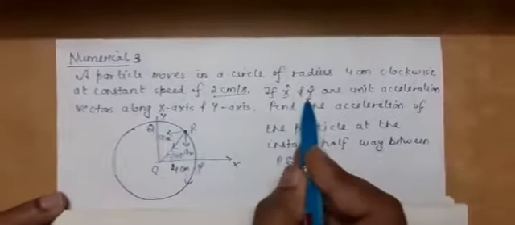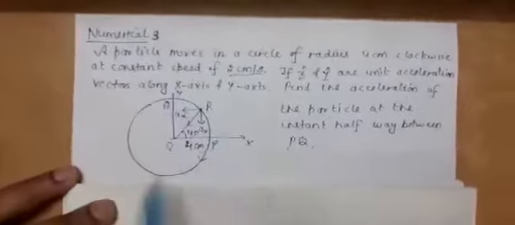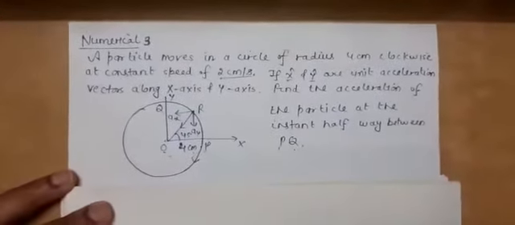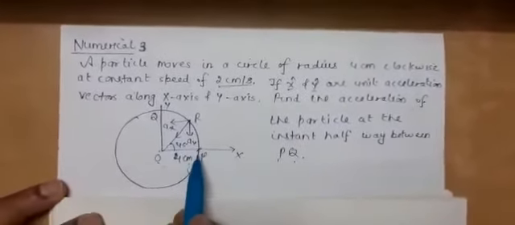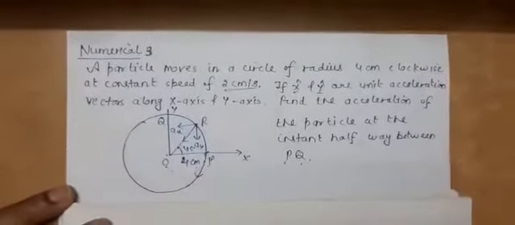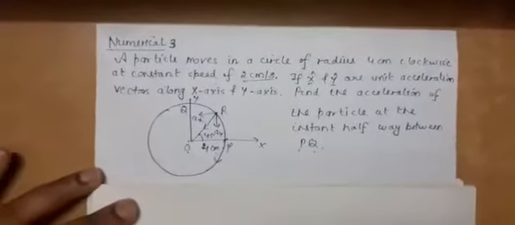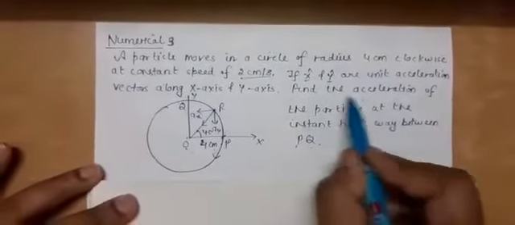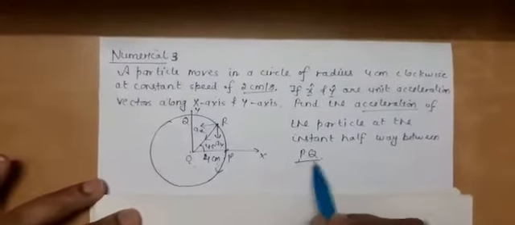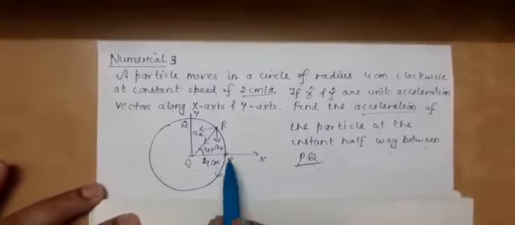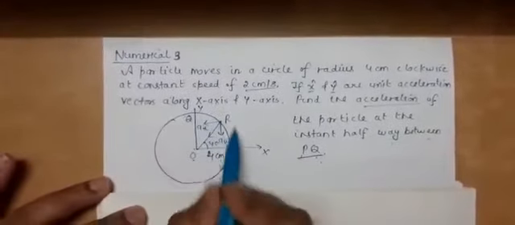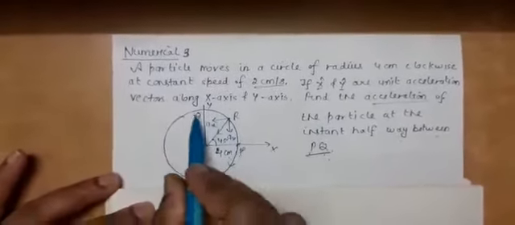X cap and y cap are the unit vectors along these two axes. So find the acceleration as the particle is moving from P to Q, right? It is moving from P to Q. The figure should be given here, because here they have said to find the acceleration halfway between P and Q. So it should be mentioned in the figure where P and Q are located.